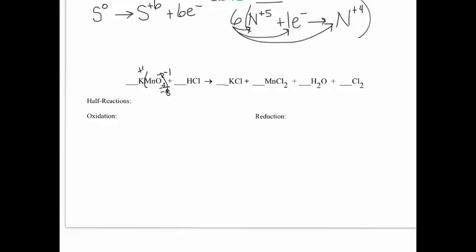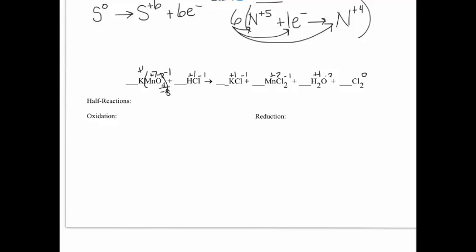But again, I'm nerdy enough, I have them memorized. That Cl2 is 0 because even though it's 2 atoms of chlorine, they're bonded to each other.